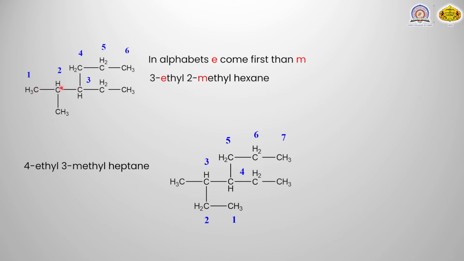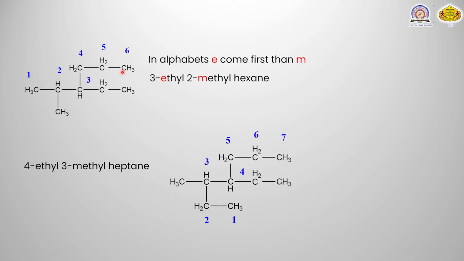If we consider 1 2 3 4 5, the number of carbons is 5. So 6 is greater than 5, and we have to select this as the longest chain, 1 2 3 4 5 6. This is also a similar chain, because having a methyl at the end gives the same numbering. So you can consider either this chain or that chain as the longest chain.